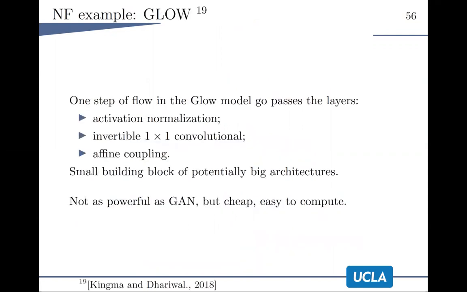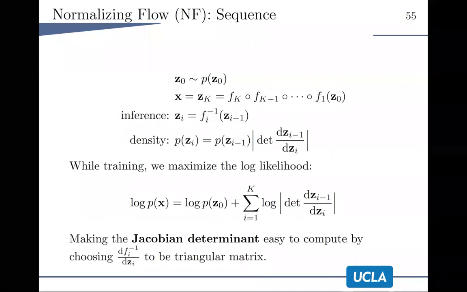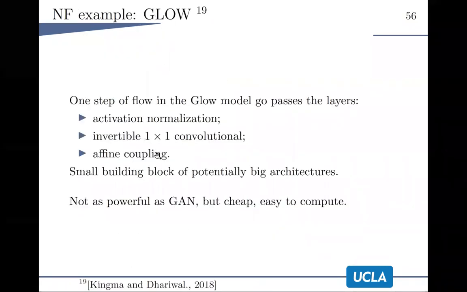And one example of the normalizing flow is a model called GLOW, and we can also find it online. It's a paper published in 2018.